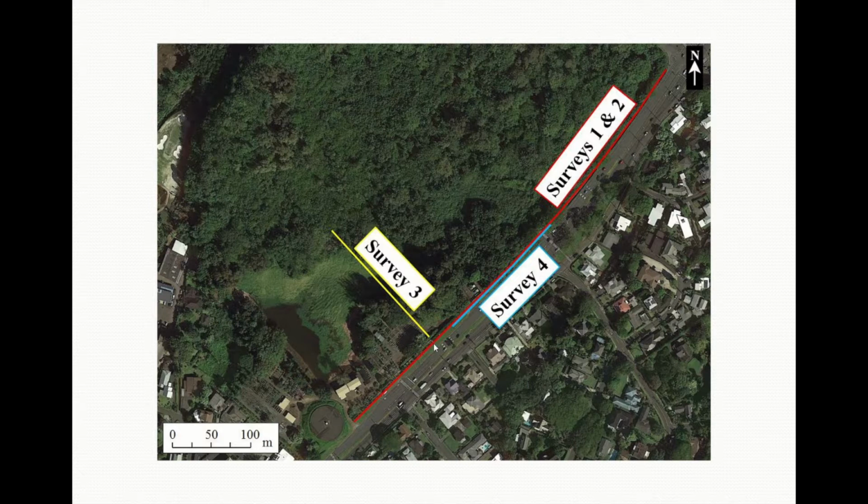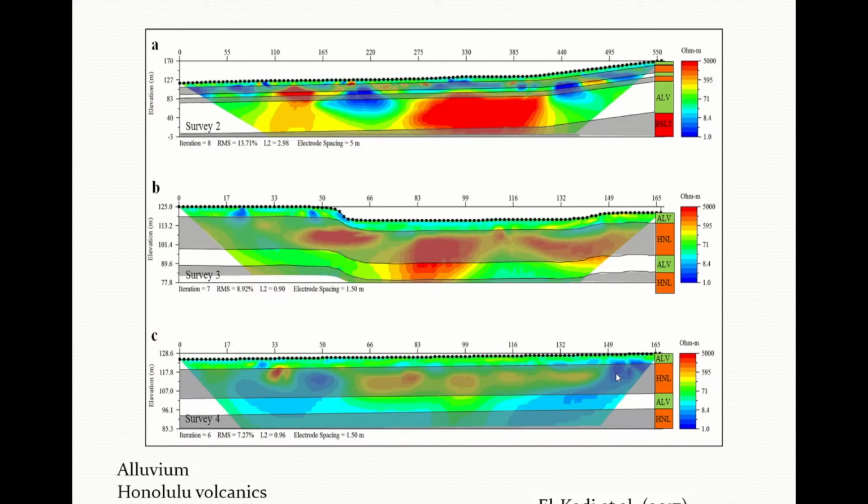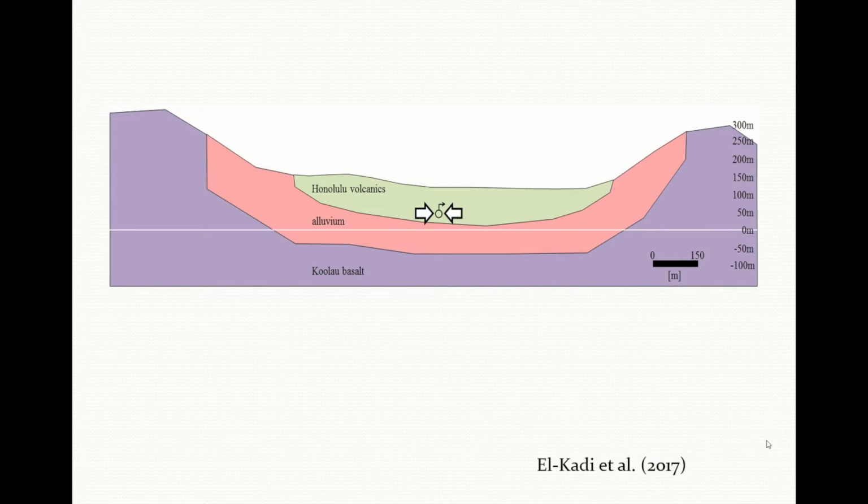Then 1 survey across like this. The idea was to try to use electric resistivity to find the subsurface geology, and we identified alluvium, Honolulu volcanics, and Koolau basalt as the main formations, and through comparison with a nearby borehole log, we identified this as a distribution for the site. So this is an idealized cross-section like this.